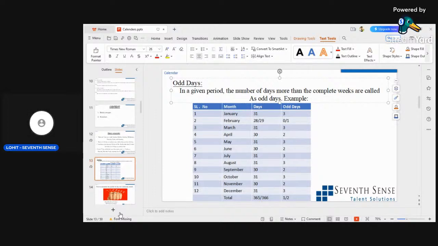Yes, perfect, Yashwant. Perfect. Okay, Pawan and Yashwant are okay. Mridul, yeah, it is correct. The explanation is also correct.